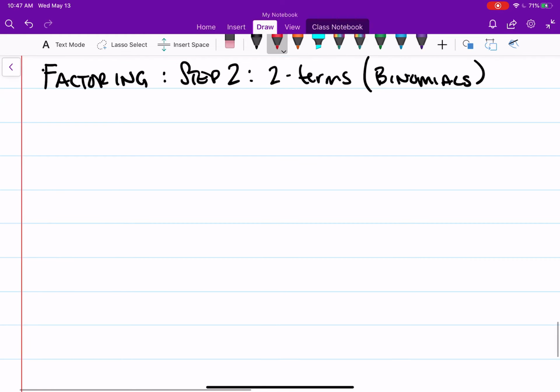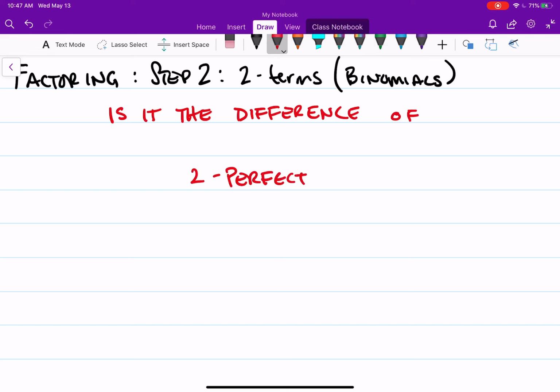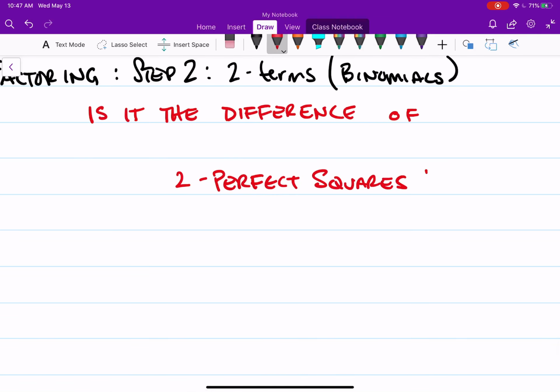This is all you have to do. Ask yourself the question, is it the difference of 2 perfect squares? Okay? So that's the question you have to ask.